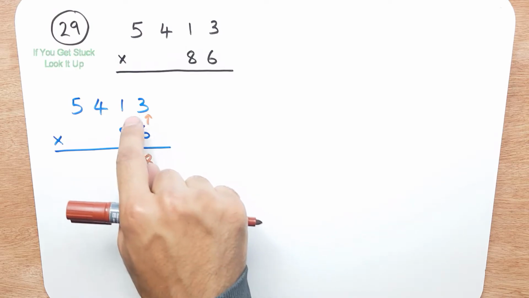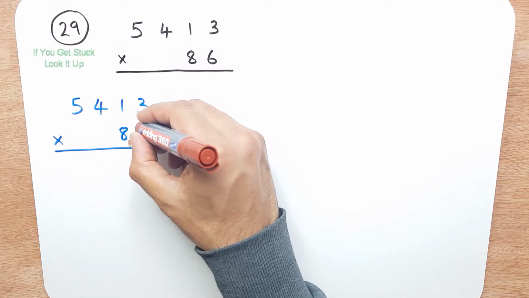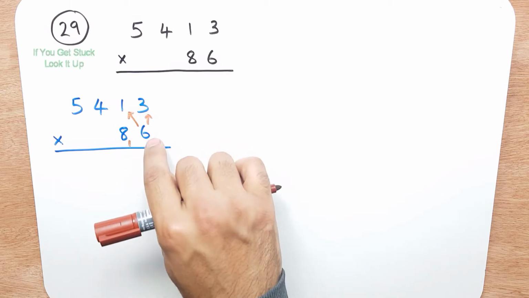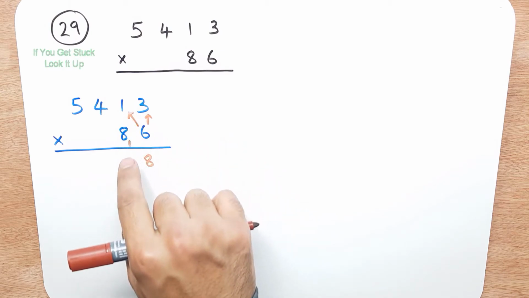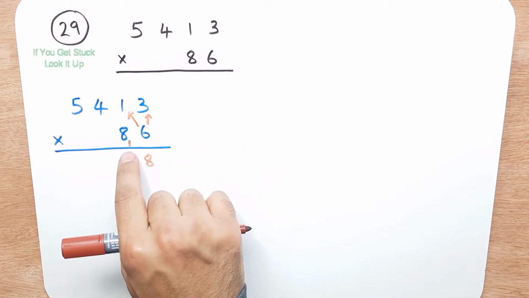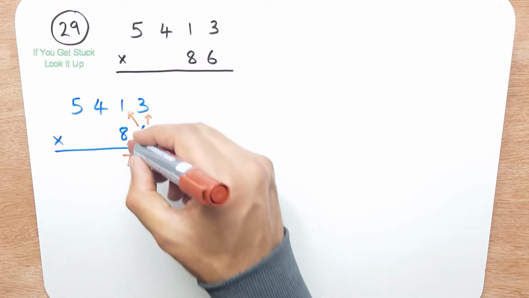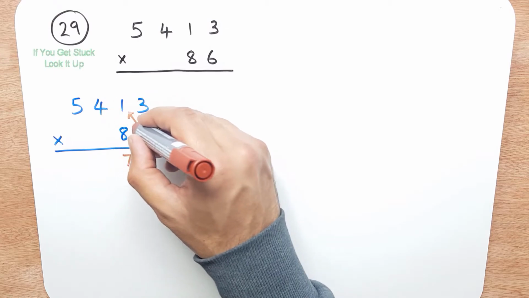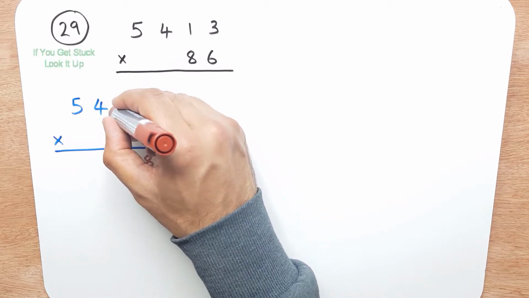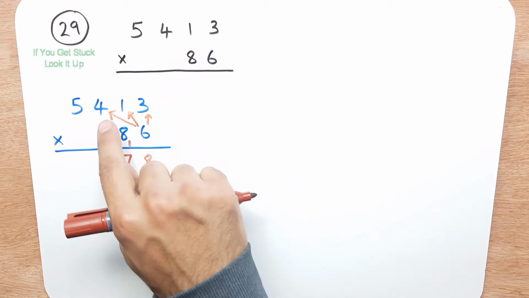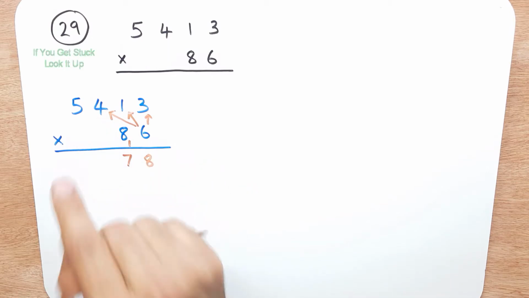Now I do 6 times 1. 6 times 1 is 6, plus the one I've carried over is 7. So we put the 7 down. Now I do 6 times 4. And 6 times 4 is 24.